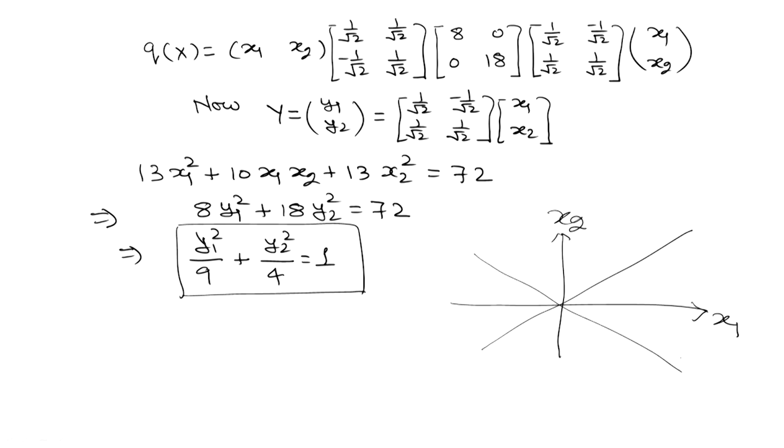By using this, this is my y1, this is my y2. So, my curve will become like this. In this way the given curve is an ellipse having this orientation with respect to the original coordinate axes x1 and x2. So, in this way we can plot any quadratic form by applying the suitable diagonalization and changing the variables.